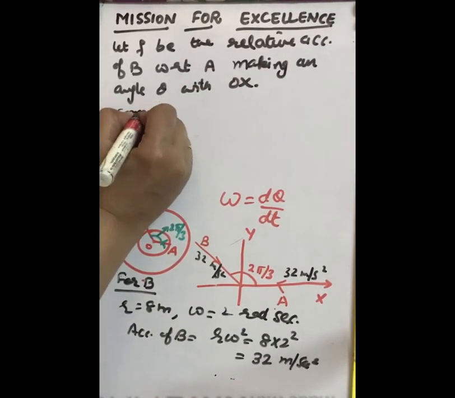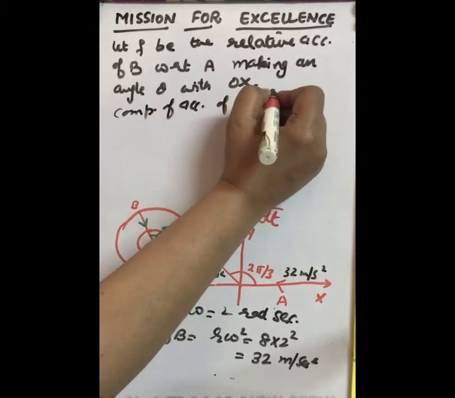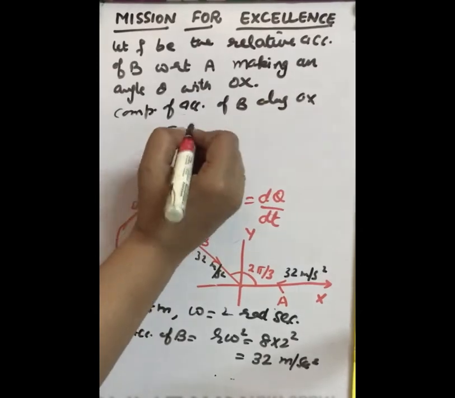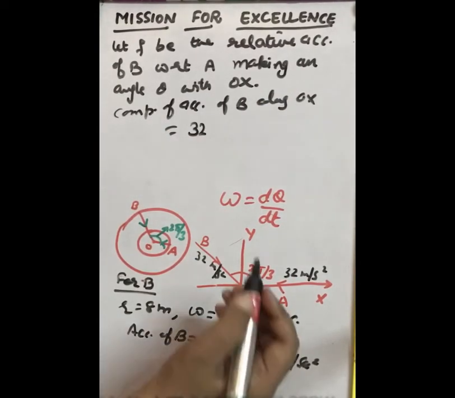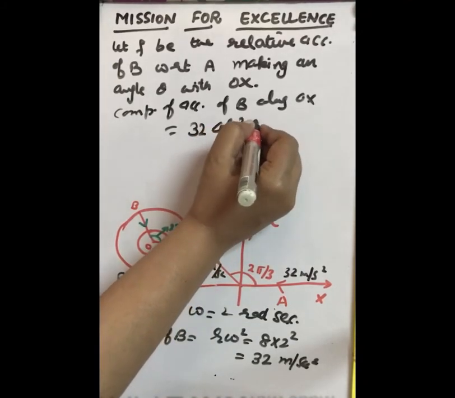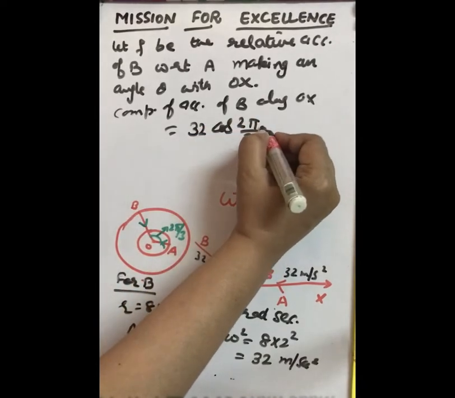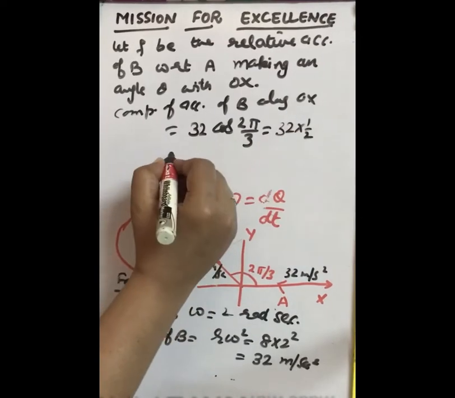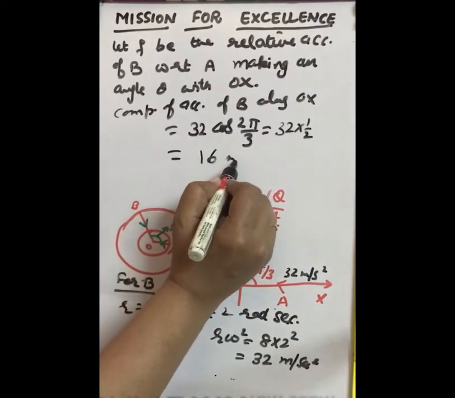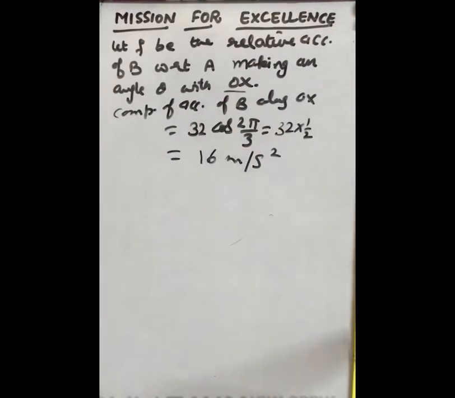So the component of acceleration of B along OX will be equal to 32, that is the acceleration of B, times cos 2 pi by 3. So the value of cos 2 pi by 3 is 1 by 2. So it is 32 into 1 by 2, that comes out 16 meter per second square in the direction of OX.